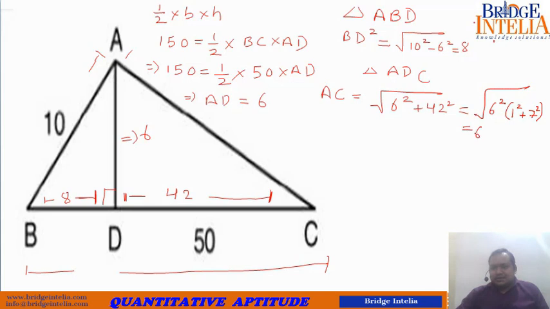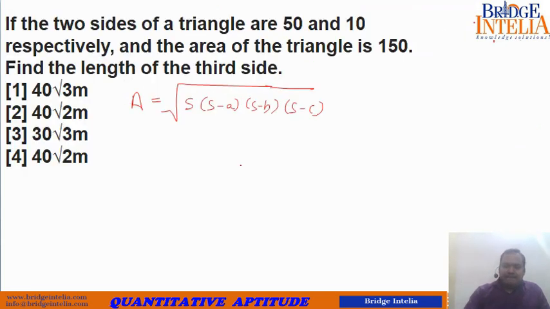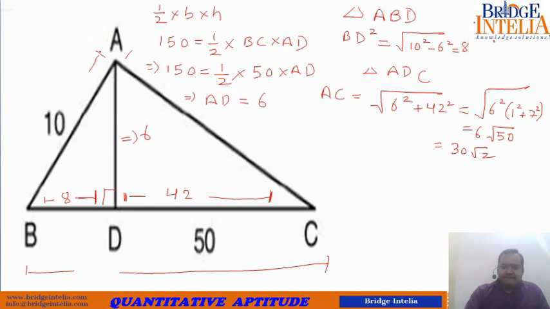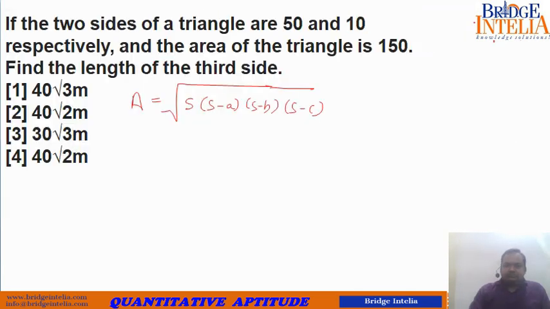So this is 6 root 50. 50 can be further written as 5 root 2, because 50 is 25 times 2, so 5 will come out, so 30 root 2. So the answer will be 30 root 2.